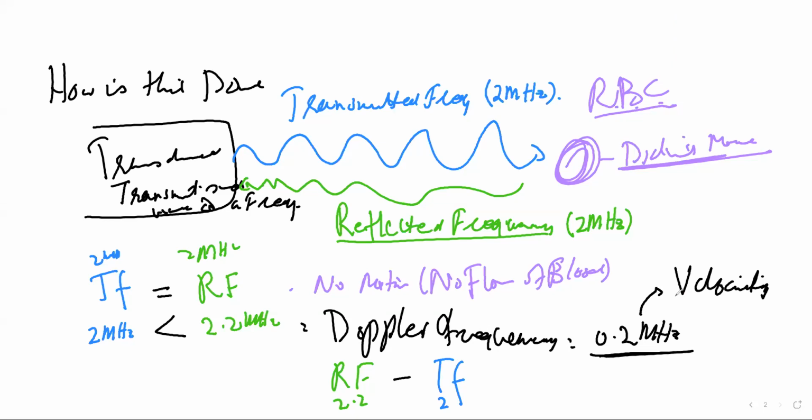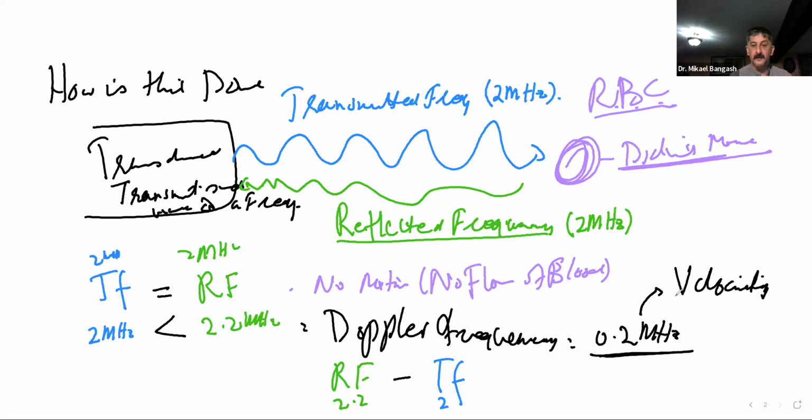Now we can also have another instance where the transmitted frequency was still 2 megahertz, but what if our reflected frequency was, let's say, 1.8 megahertz.